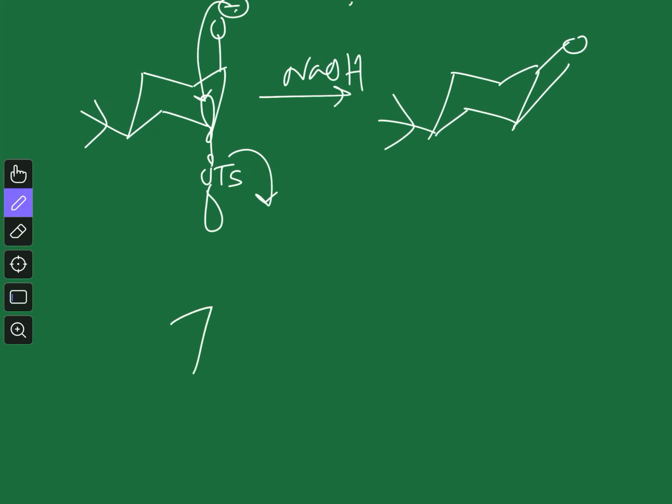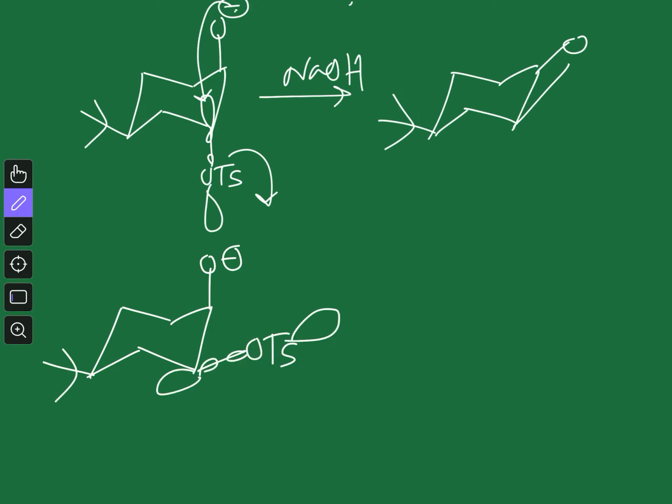Now the second case is when this O minus is axial but this OTS group is equatorial. Now if you consider the sigma star bond, you can see this particular sigma bond is anti-parallel. So this sigma star and this sigma, they are anti-parallel. So when O minus pushes back, this bond will migrate over here and this OTS goes.